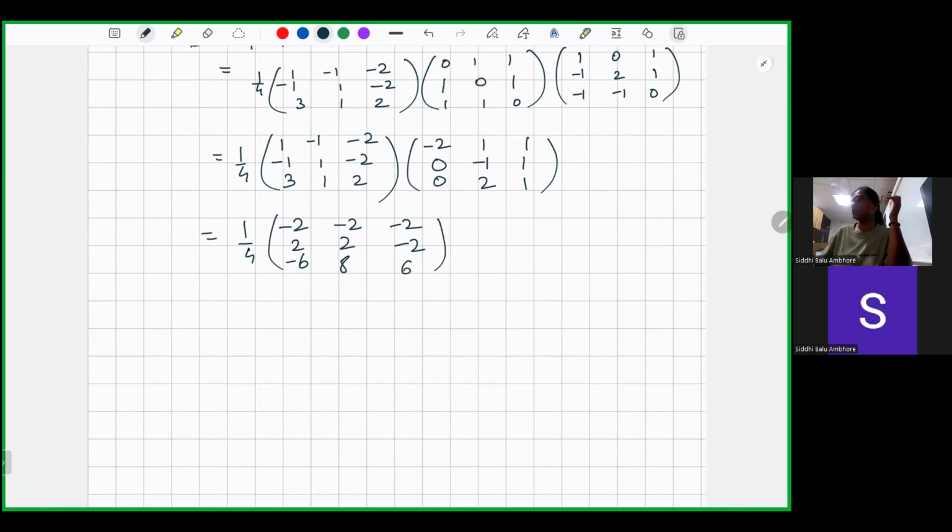Okay, so this is the required matrix which we wanted. And let me just check.